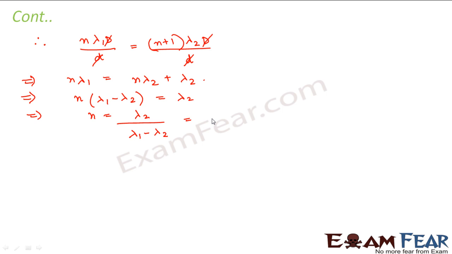What is lambda 2? Lambda 2 is given as 520 nanometers. So this is 520. What is lambda 1? That is 650 minus 520. So this comes out to be 520 divided by 130.